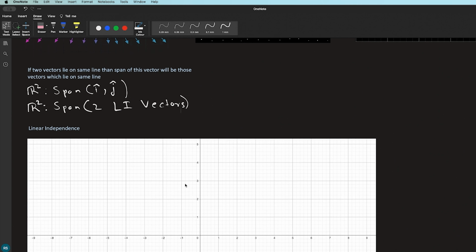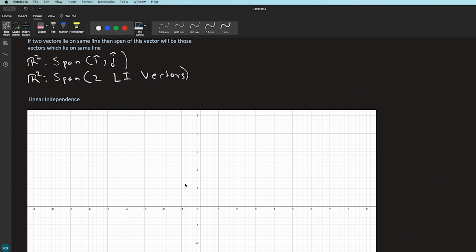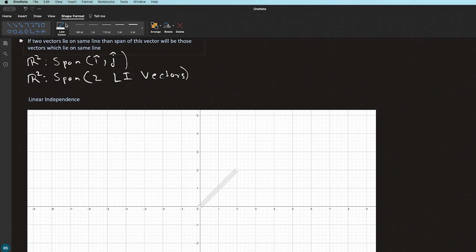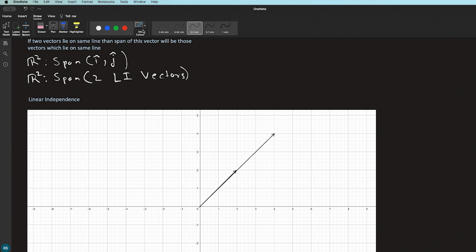To understand linear independence, we need to understand what linear dependence is. So I am drawing two vectors here. This is my vector (4, 4). This is my vector (2, 2).